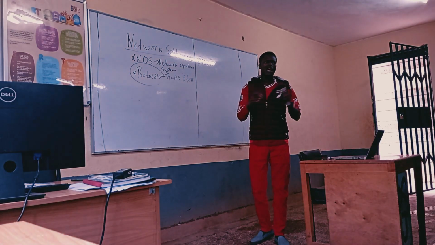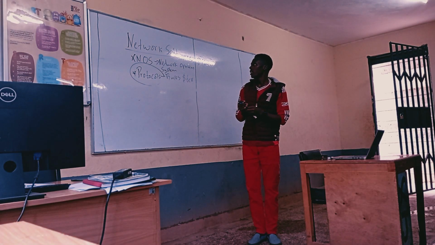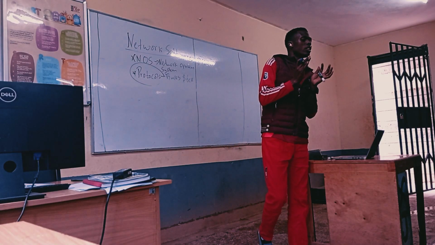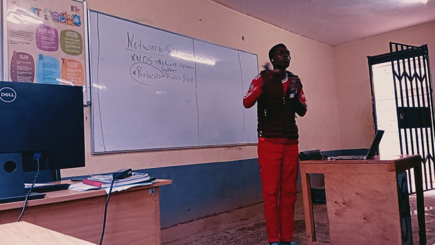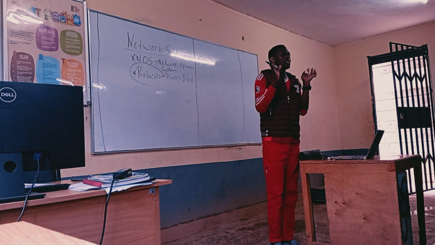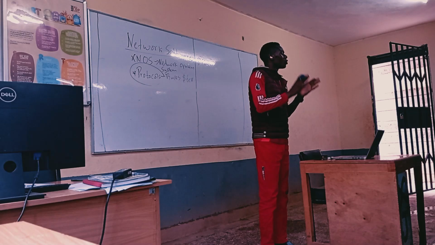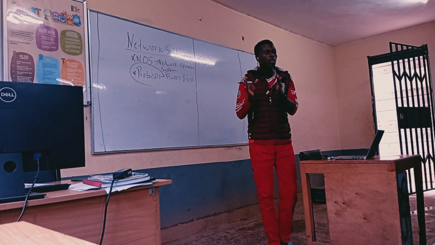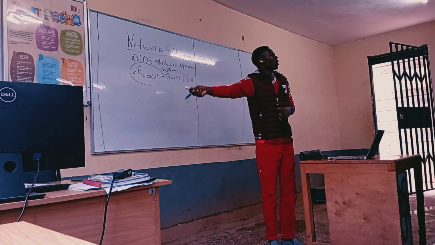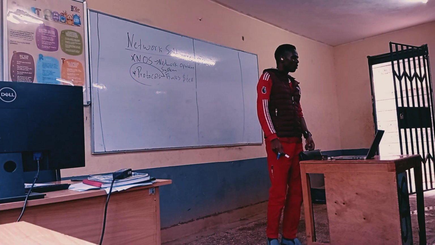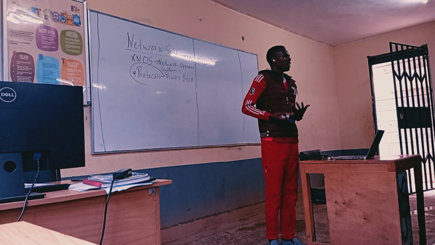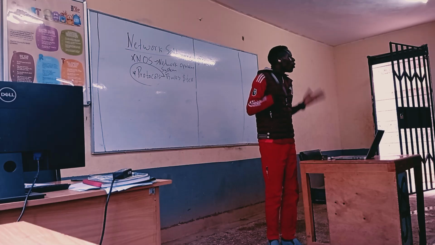Now, how do these protocols occur? Remember we said these protocols are set. We have a written set of rules and technical procedures that govern communication between devices. That is why you find that we have different phones, but those different phones can connect to a network and you can communicate via them. It is not that a person having a Samsung cannot call a person owning a Tecno. You may say my iPhone is stronger than your Samsung, but both can communicate.